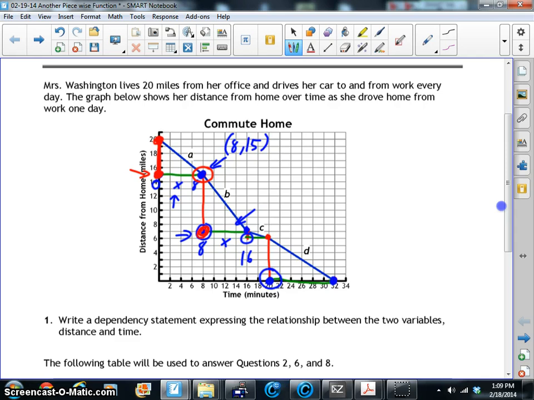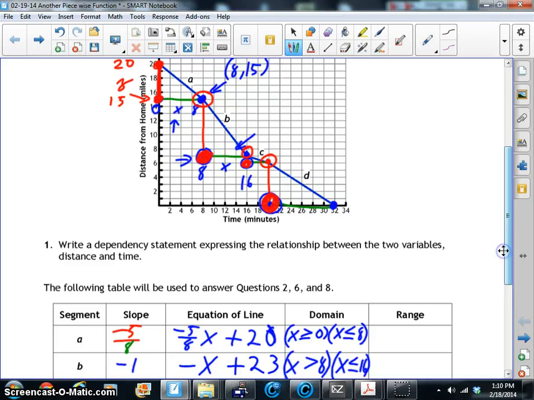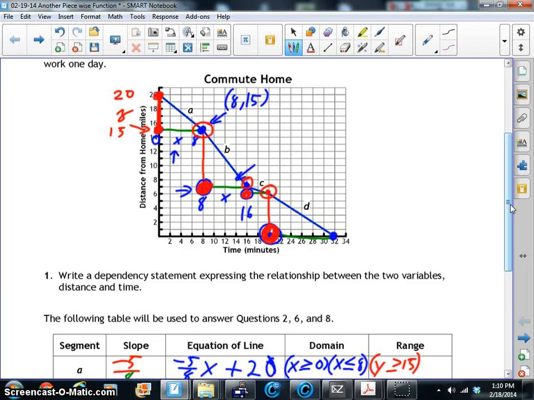Now, this one has to be closed dot, open dot, closed dot, open dot, closed dot. And I do it much the same way. So it goes from 15 to 20, and y is in between. So y is greater than or equal to 15, and y is less than 20.